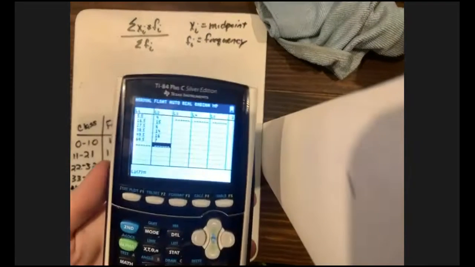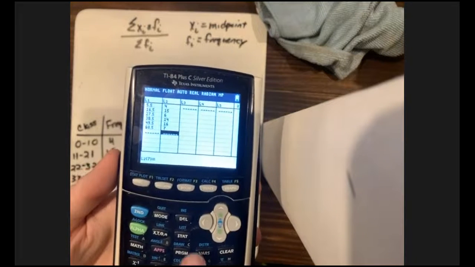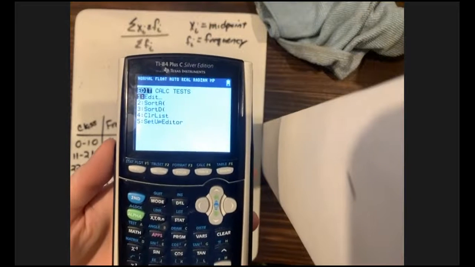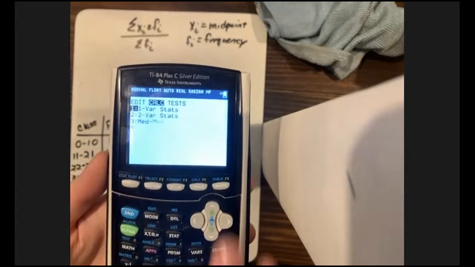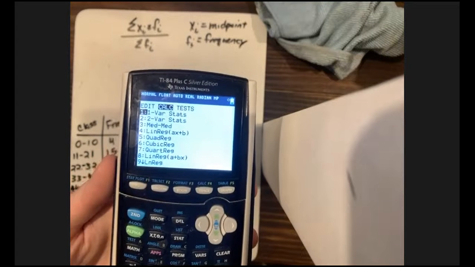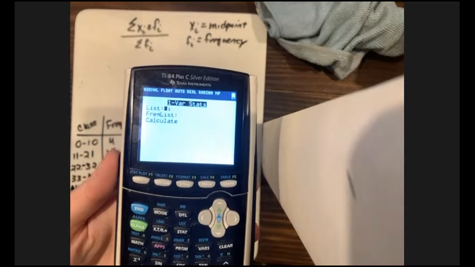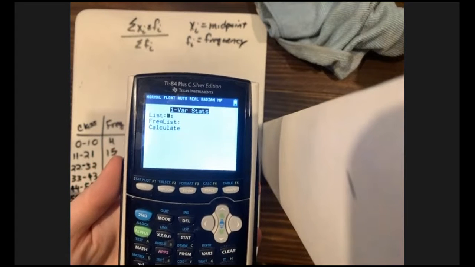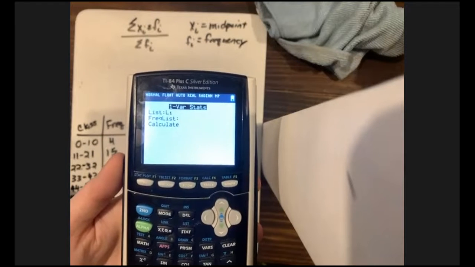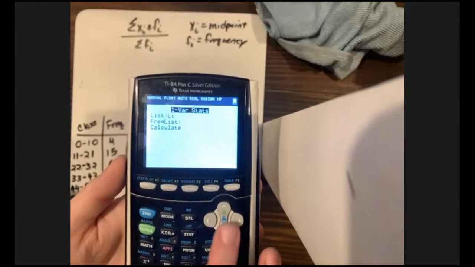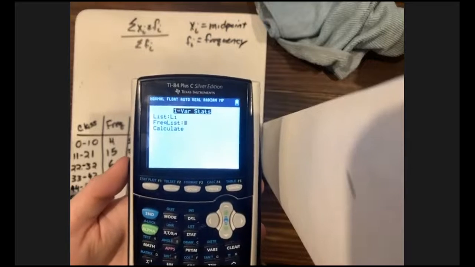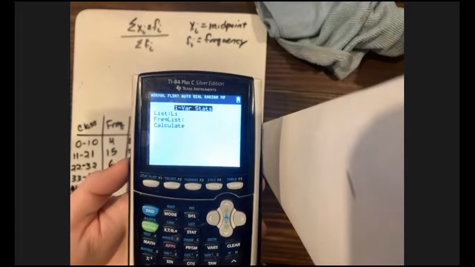Okay, so now once you've double checked it, you're going to do stat. You're going to go over to calc. We're still picking 1-Var Stats. Now here's where this is slightly different. L1 is your list, but we do have a frequency now, okay? So on this frequency line, we're going to need to go down and put in L2.